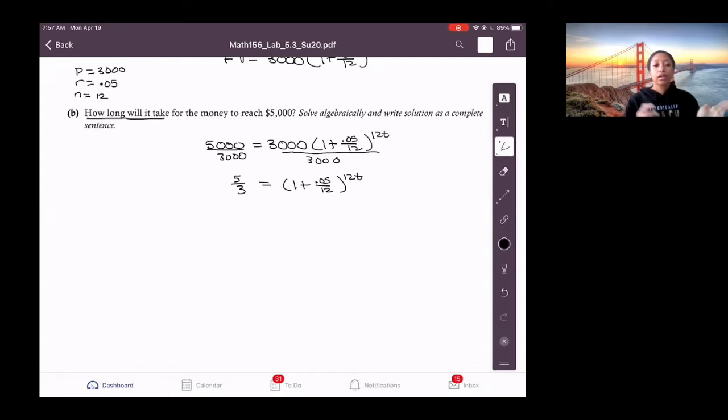From here, once your exponential term is isolated, you want to take the log or natural log of both sides. Log of 5 over 3 equals log of (1 + 0.05/12)^(12t). Bring down the exponent.